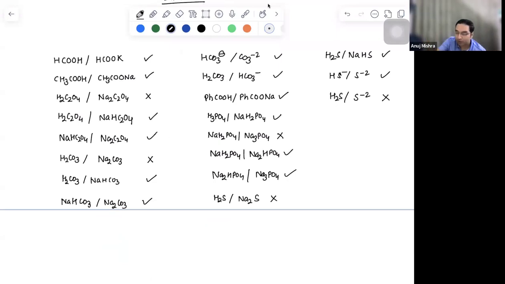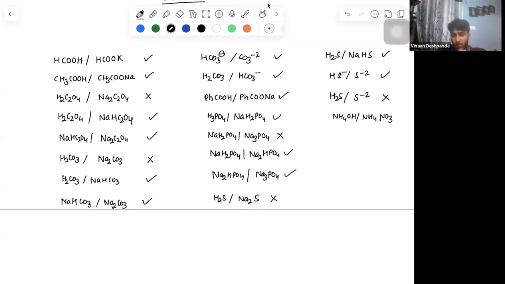Mostly all of them are acidic buffers. Now see these examples. NH4OH, NH4NO3, is it a buffer? Yes, it should be. It's a weak base, salt of the weak base with the strong acid HNO3.